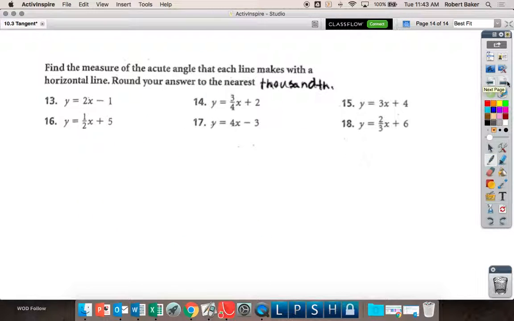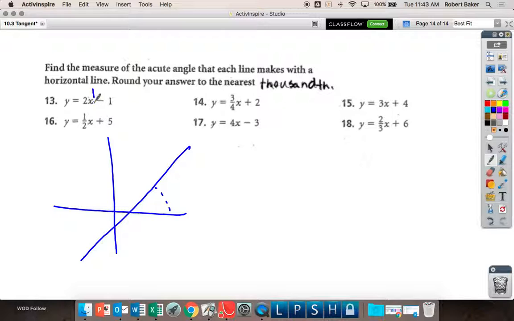So it says find the angle made by the line. So 2x minus 1 looks like this. It wants you to find that angle right there. And it's really simple. Pick an x value. 2 minus 1 is 1. So then tangent is equal to, you went over 1 up 1.